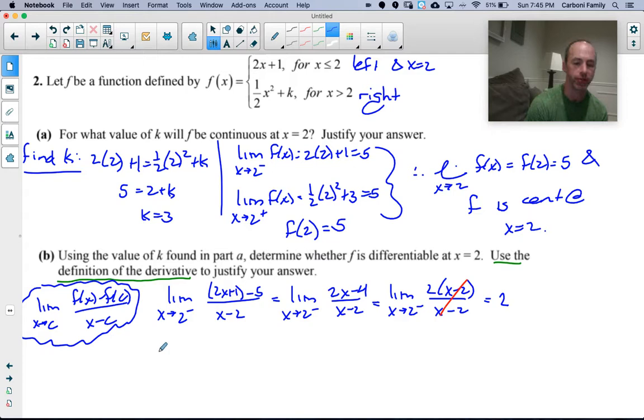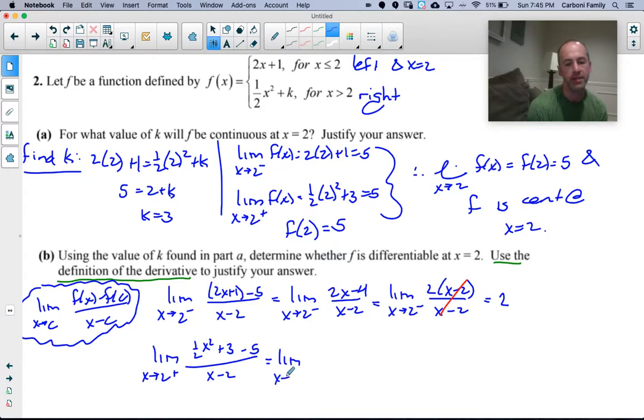Now I need to check the right side. So the limit as x approaches 2 from the right of f of x, which is half x squared plus k, which is 3 in this case, minus f of 2, which is 5, all over x minus 2. And we're going to do some algebra here.